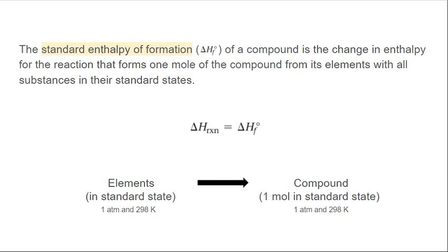We usually report the change in standard enthalpy of formation values at 298 Kelvin, but if an element exists in more than one form under standard conditions, we're going to want to use the most stable form. These equations always show that 1 mole of the desired substance is being produced. There's 1 mole of the product. So the standard enthalpies of formation are reported in kilojoules per mole of the substance that's being formed.